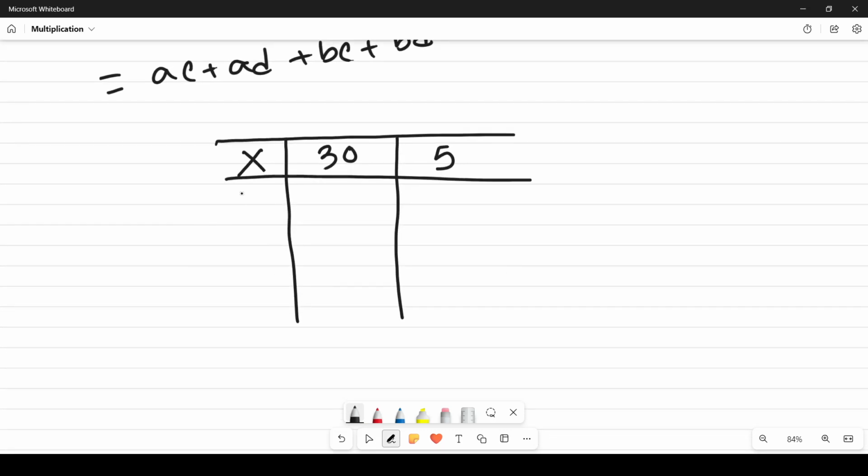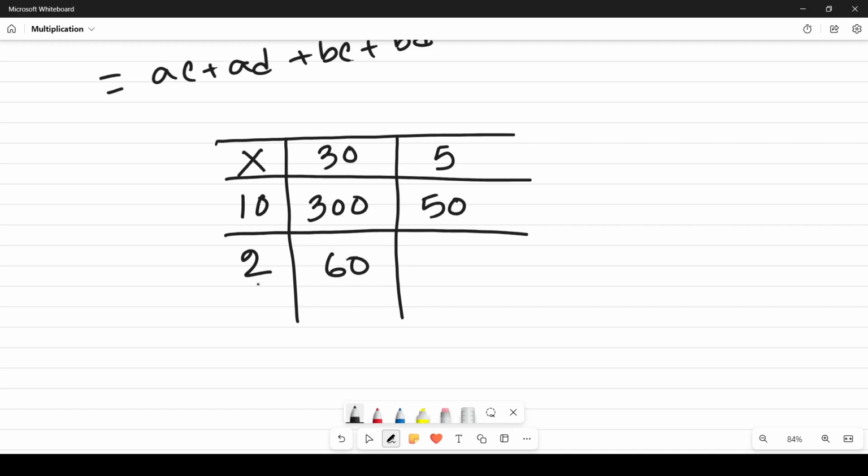So we get 10 and then 2. Now we need to multiply these numbers with individual numbers here. Individually we need to multiply them all. So 10 multiplied by 30 is 300, 10 multiplied by 5 is 50, 2 multiplied by 30 is 60, 2 multiplied by 5 is 10.